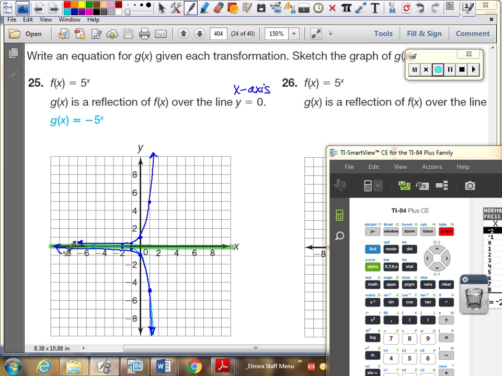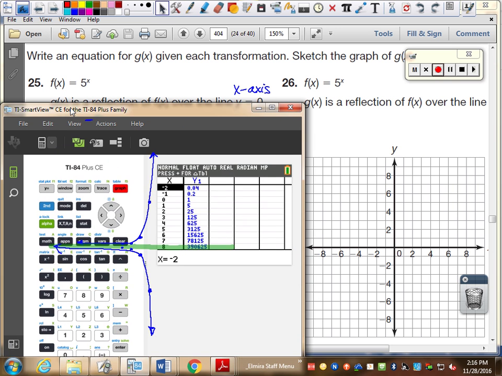Okay, I want you to draw both. Then write the function. If it's a reflection over the x-axis, you're negating the entire function.